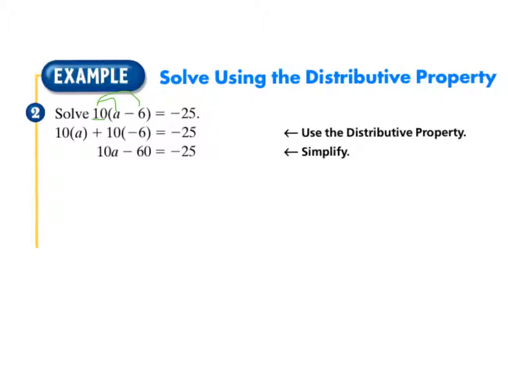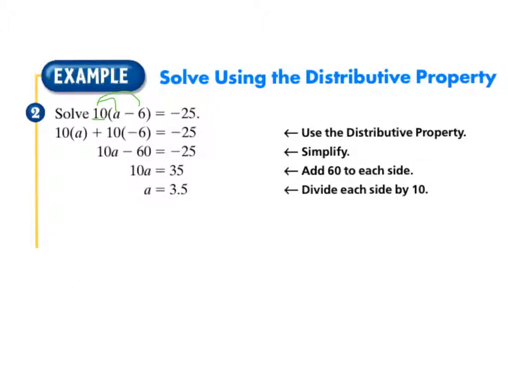The opposite of minus 60 is plus 60, so I'm going to add 60 to both sides, which gets me 10a equals 35. Then to get the a by itself, I'm going to divide both sides by 10, which gives me a equals 3.5.